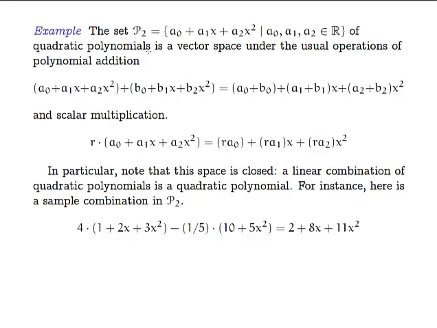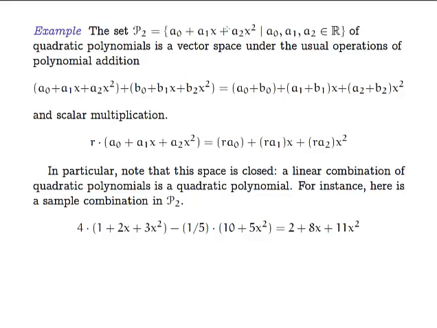There's the constant term, there's the term that multiplies x, and there's the term that multiplies x squared. When you're adding polynomials or multiplying by a real number, these three terms act as placeholders. I always add constant terms, I always add terms multiplied by x, and I always add terms multiplied by x squared. These terms don't mix.